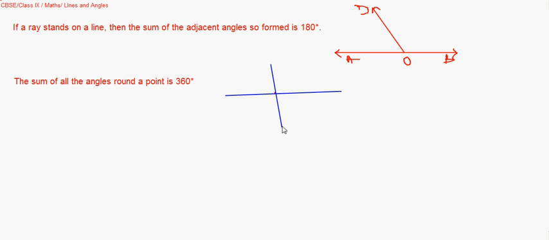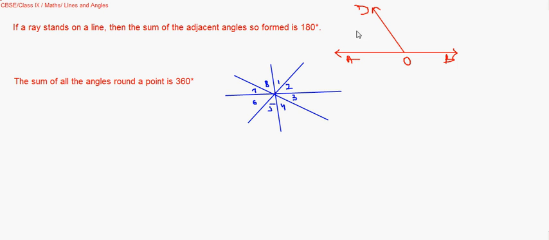It can be more, though I have only drawn a few of them. The sum of these angles, which I am marking with numbers so that I can name them, angle 1 plus 2 plus 3 plus 4 plus 5 plus 6 plus 7 plus 8, will be 360 degrees, no matter how many angles we draw around that point.